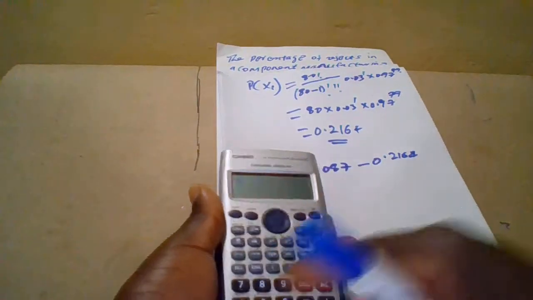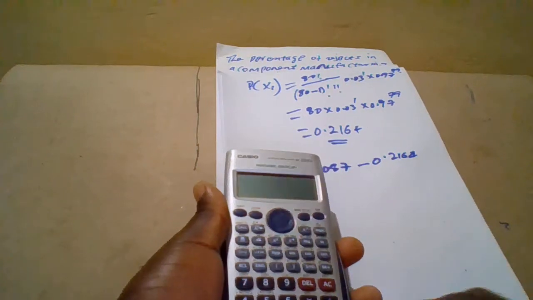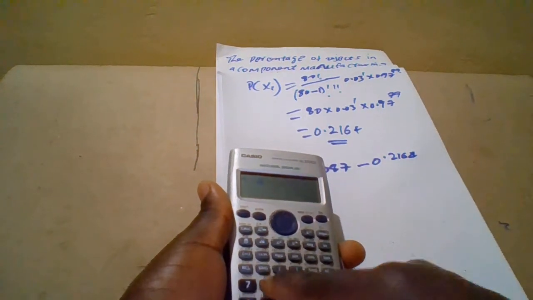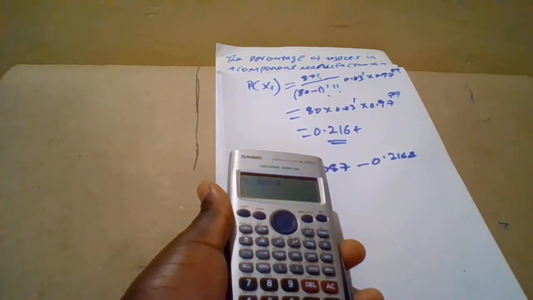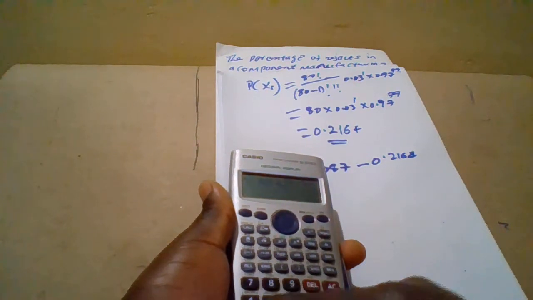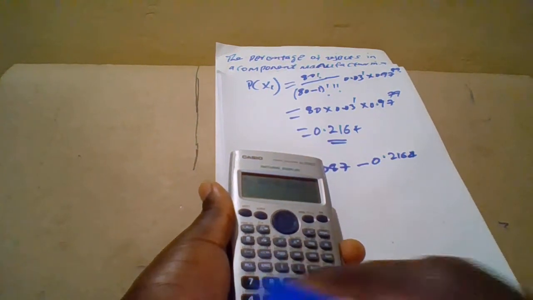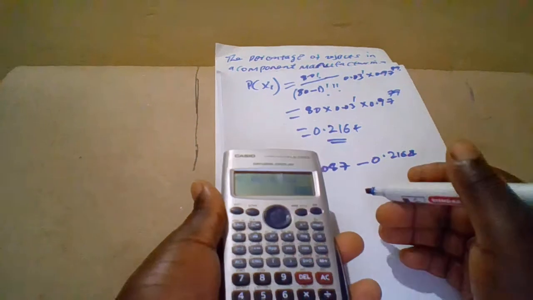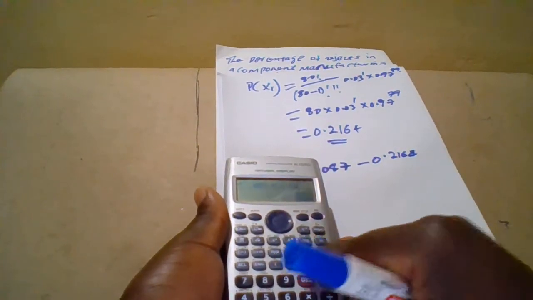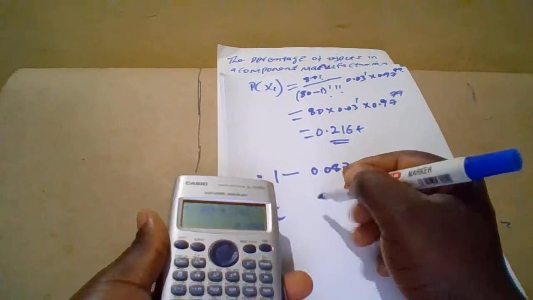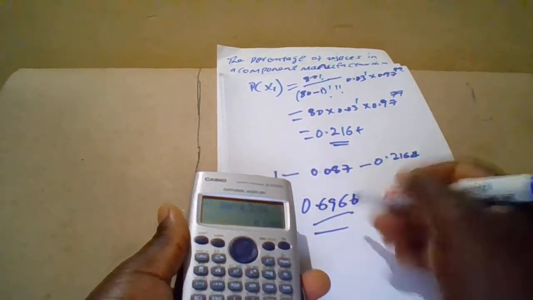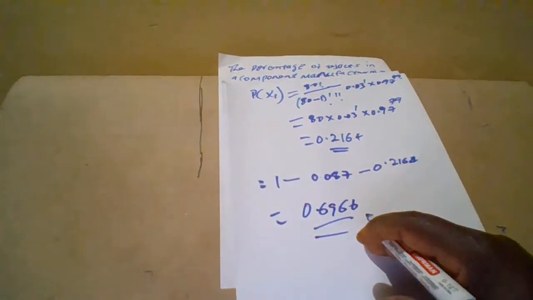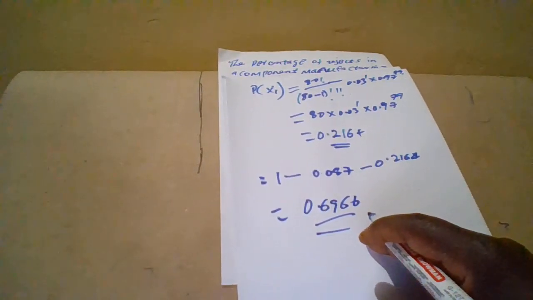So we have 1 minus 0.087 minus 0.2164, which equals 0.6966. This is the probability that at least 2 are rejected.